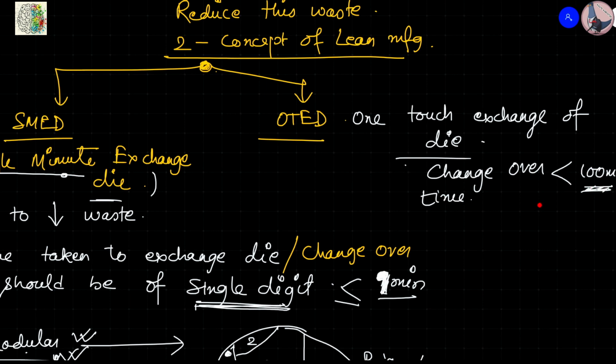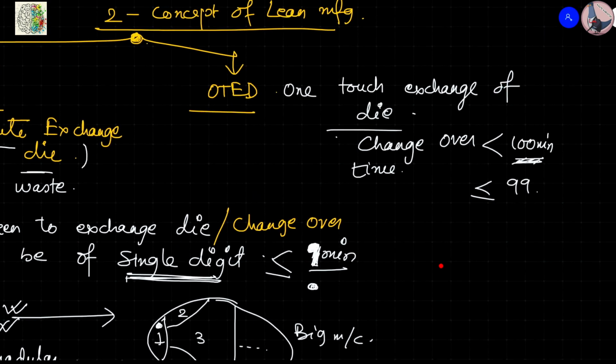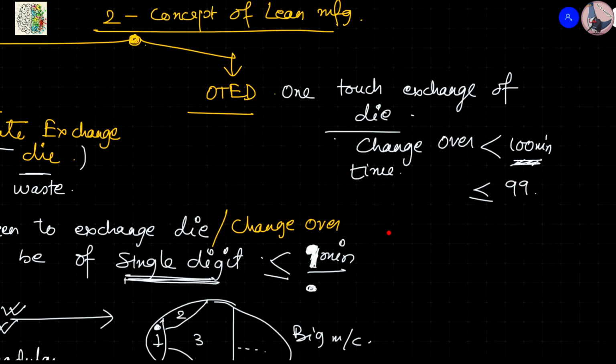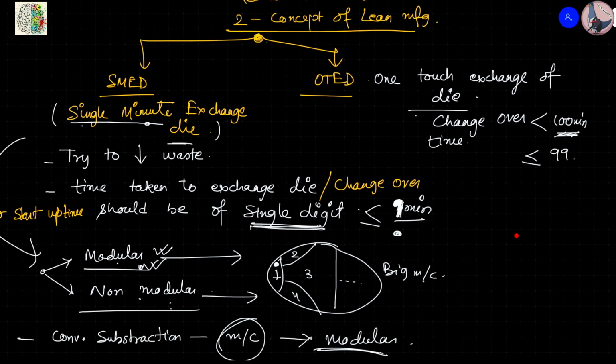So here it is 100 minutes and there it was 9 minutes. If I write it as less than or equal to, then it will be 99 minutes. So you should understand that in SMED the changeover time was only 9 minutes, whereas in OTED it is 99 minutes. That's why I have written both side by side. You should not get confused.